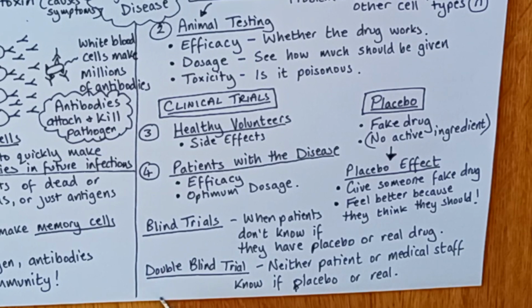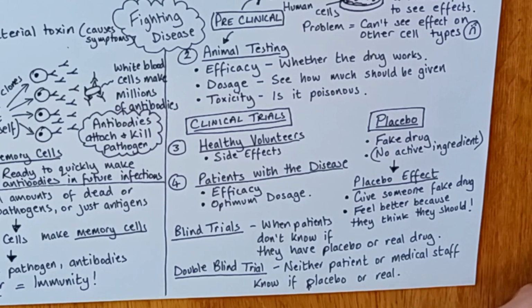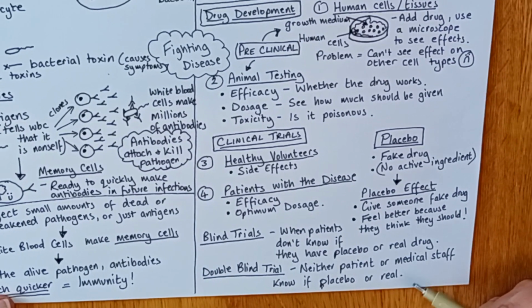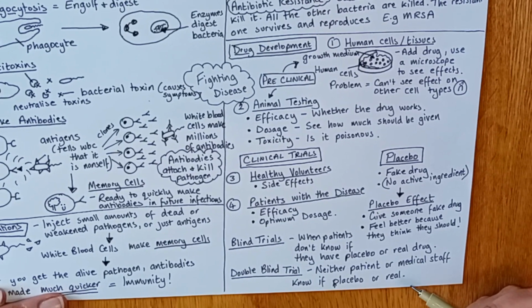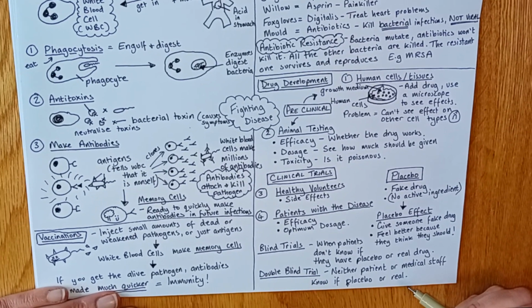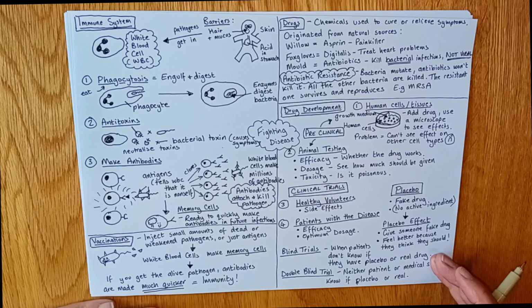So then they had to invent double-blind trials to stop doctors and nurses showing bias, being extra nice to some people compared to others.